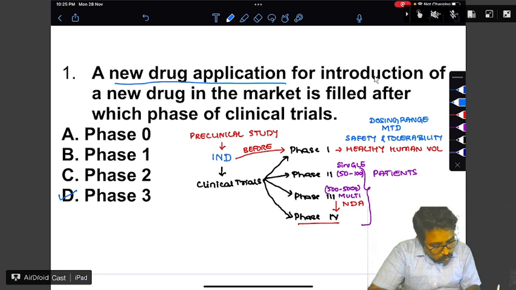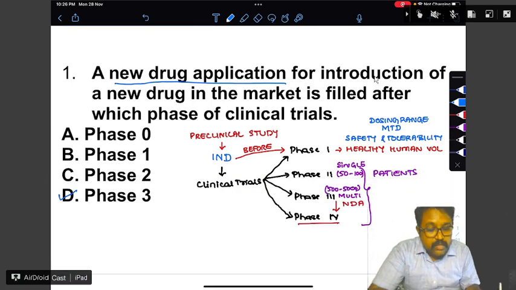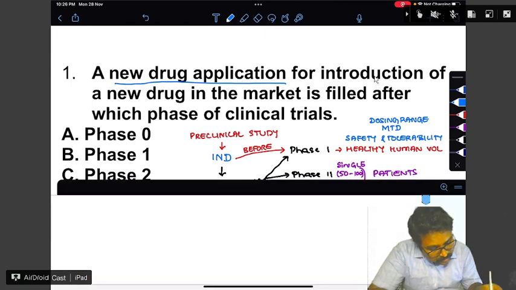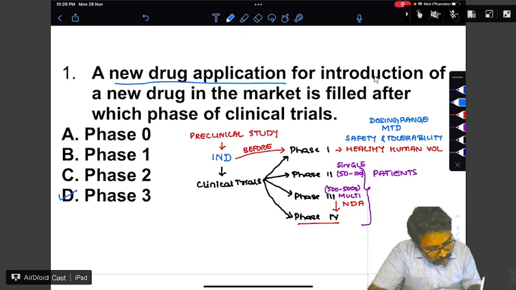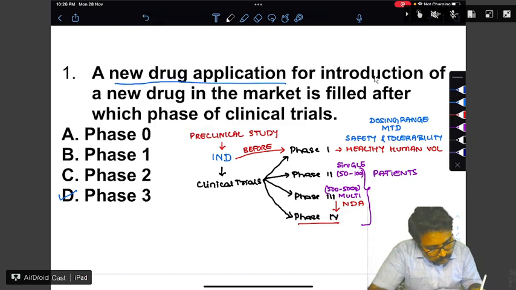Whereas in phase 2, along with the safety, it will be done in patients, first in the patient. So here in phase 2 you're going to check for the efficacy.